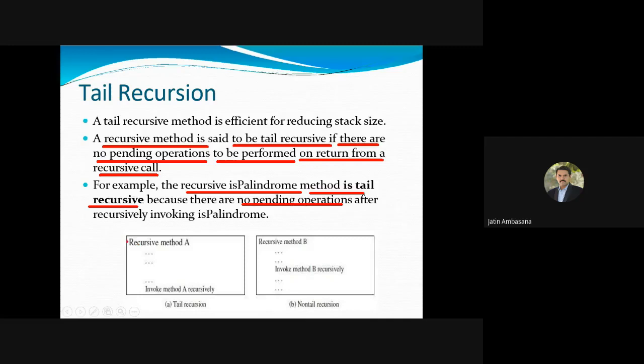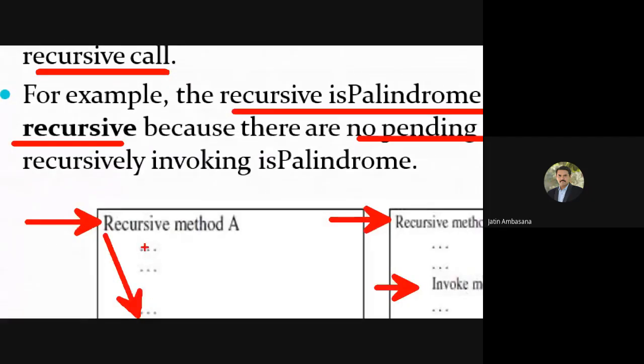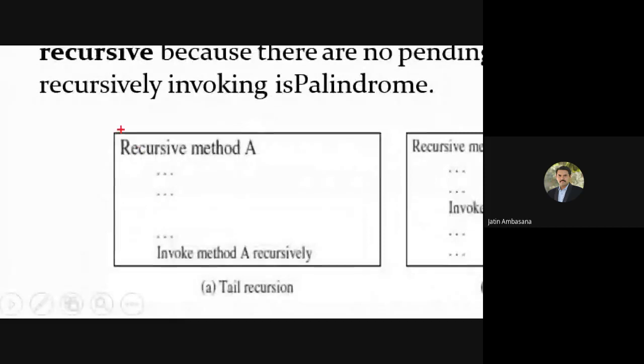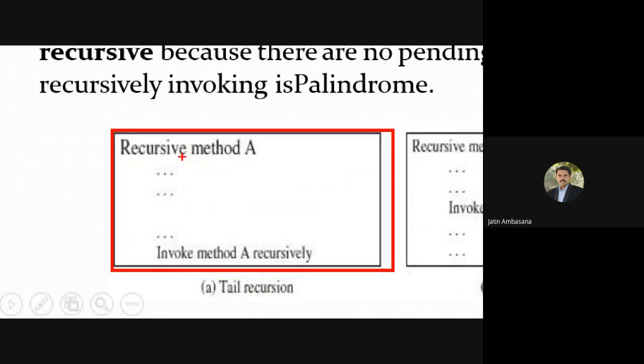So see here, recursive method A is there which invokes method A recursively. So that's kind of tail recursion. And recursive method B is there, which invokes method B recursively in between. See over here, what is there? Here we have some code. In this recursive method A, there is some code inside this method, and in the end, we are invoking recursive method A again.